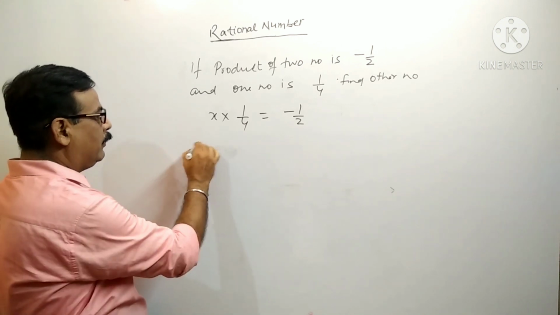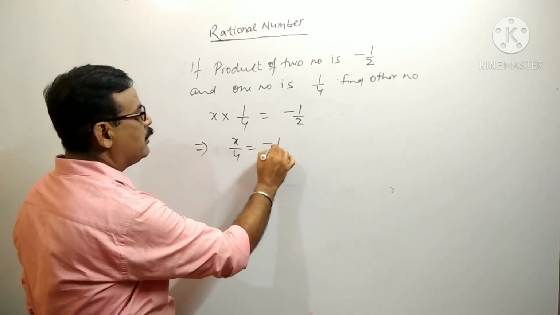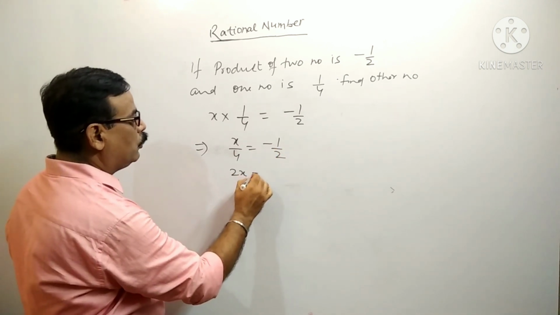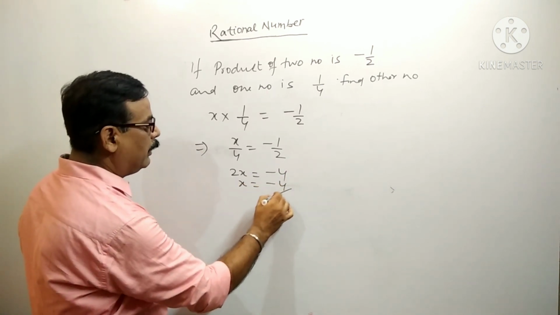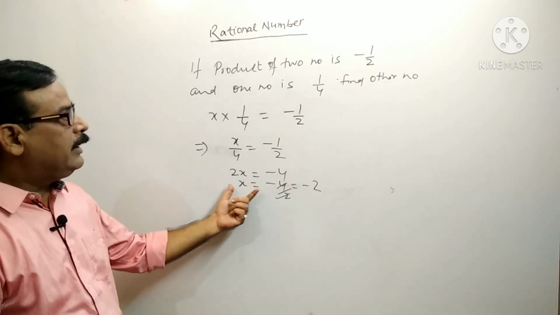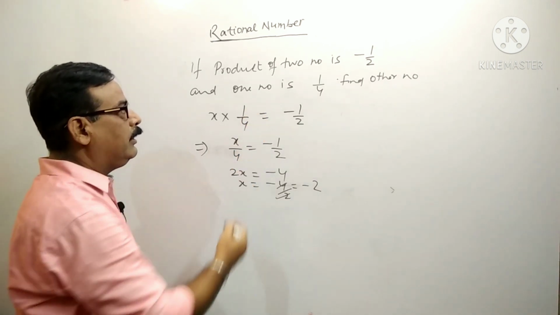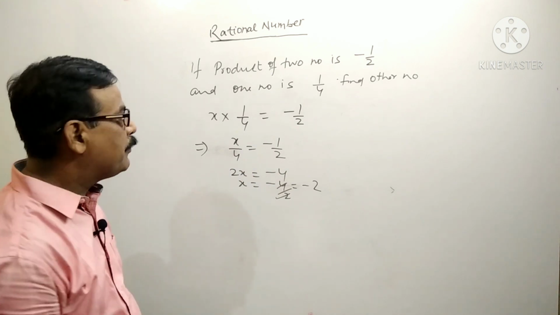So from here we can write x by 4 is equal to minus 1 by 2, and 2x is equal to minus 4, x is equal to minus 4 by 2, that is minus 2. So our first number is minus 2. This is another type of question in rational numbers you have to solve.